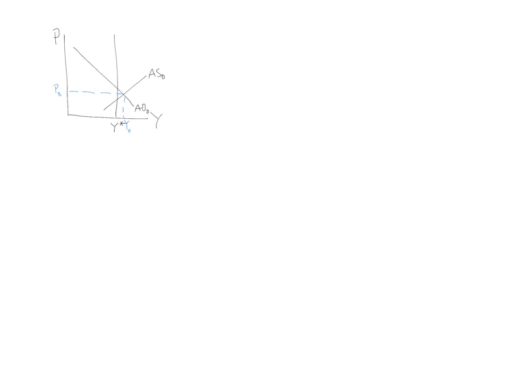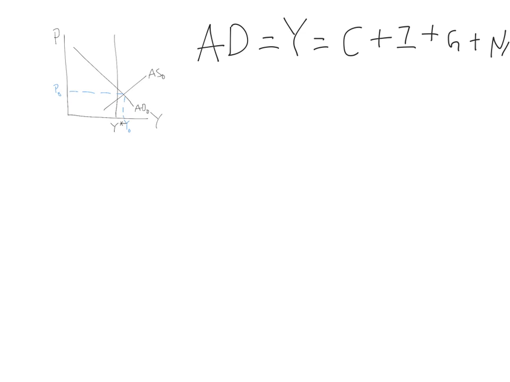Again, it's going to do that by running contractionary fiscal policy, which takes us to our aggregate demand identity. What it needs to do now is reduce one or more of these in order to reduce aggregate demand, which in turn will reduce our output.